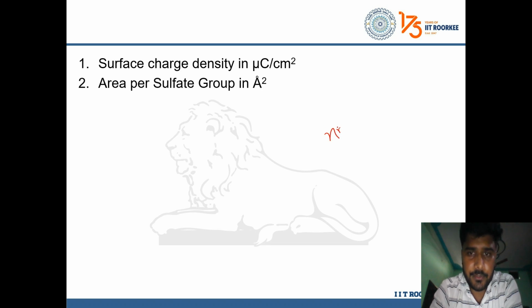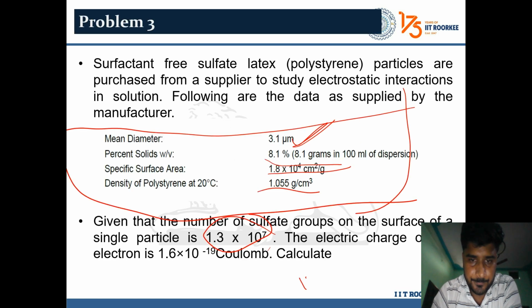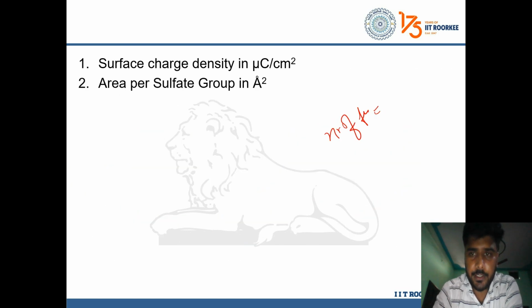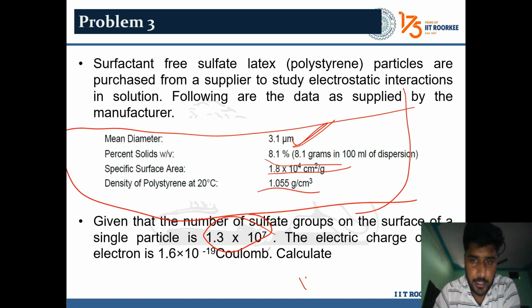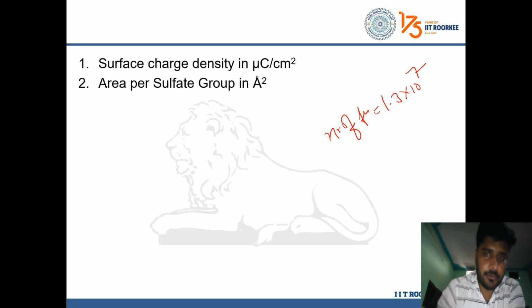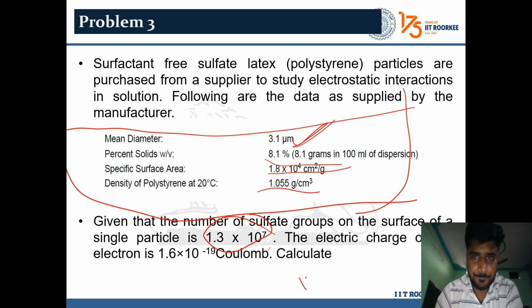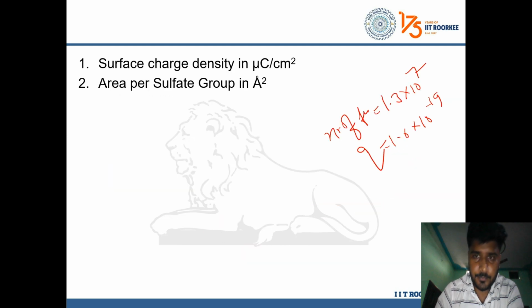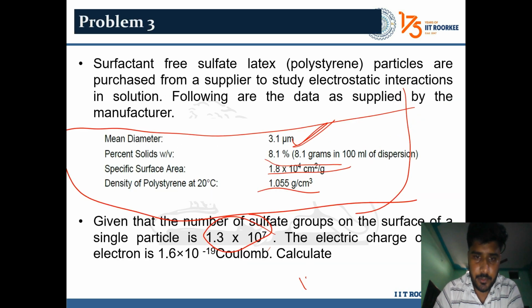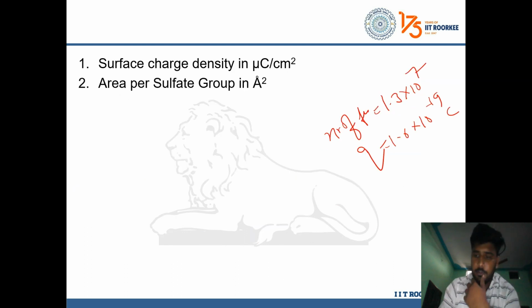So the number of functional groups will be 1.3 times 10 raised to 7. And the electrical charge on an electron, you already know, the value of Q is 1.6 times 10 raised to minus 19 coulomb. First you have to calculate the surface charge density.